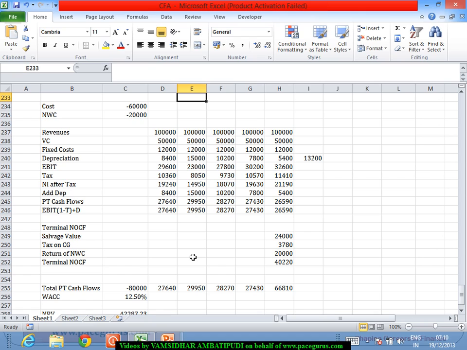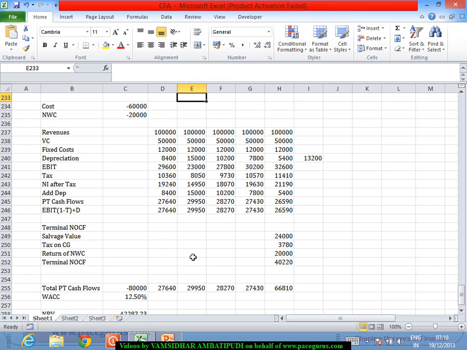Whereas when it comes to the overall cash flows, the typical market value or salvage value is what we are taking, because we will get a cash flow of 24,000 there.